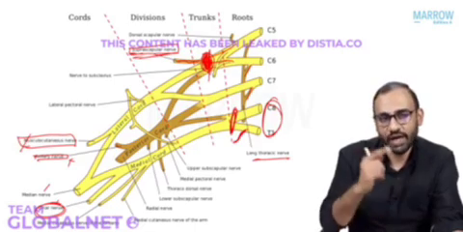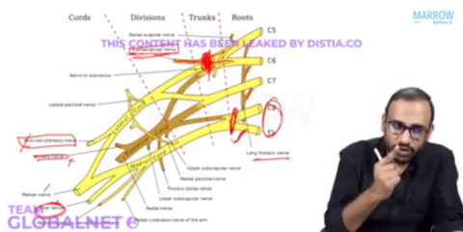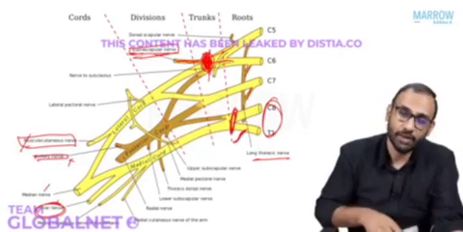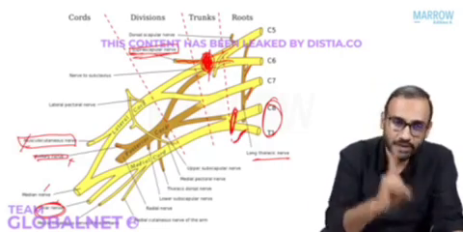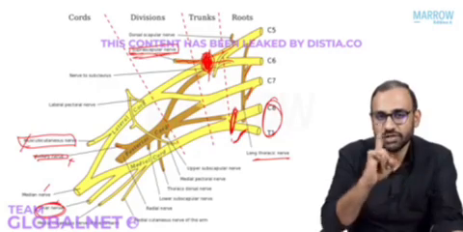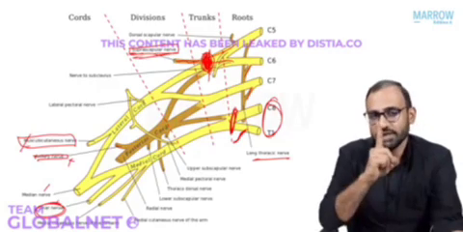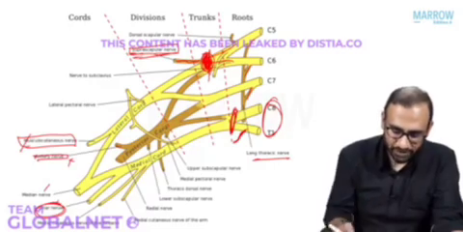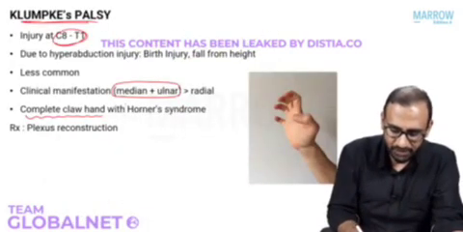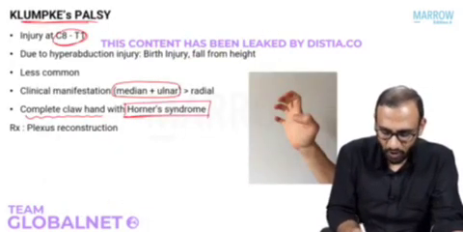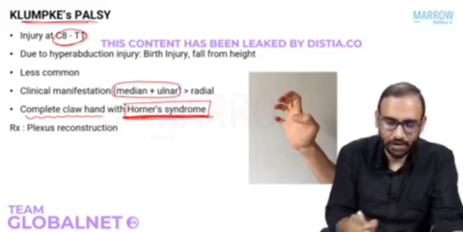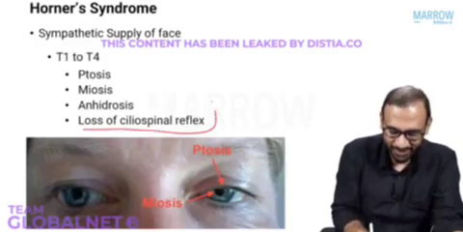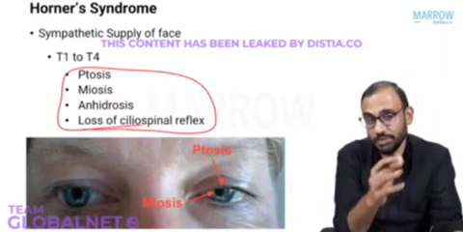So a patient who has a Klumpke's palsy, or lower roots and trunk of the brachial plexus palsy, will present to you with a complete clawing of hand with loss of sympathetic supply of the ipsilateral side of the face, particularly the eye region. And what will be the manifestation of that? That manifestation, if you recall, is Horner syndrome: ptosis, miosis, and anhidrosis, and loss of ciliospinal reflex. That will be the presentation.